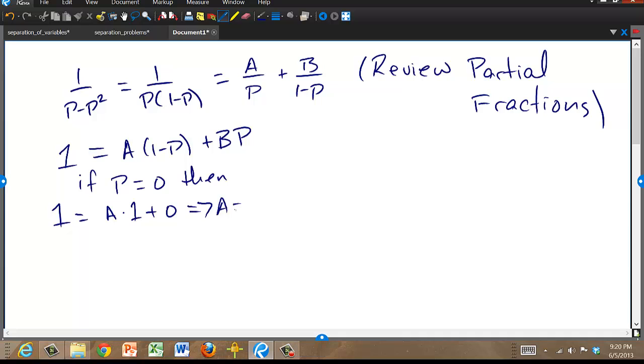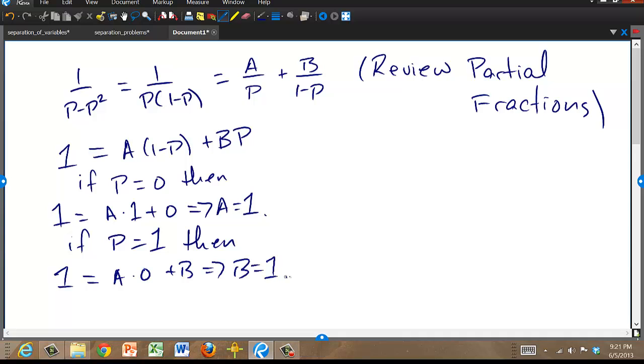So that means that a has to be 1. And if p equals 1, then what do you get? You get 1 is equal to a times 0 plus b, so that means that b is equal to 1 also. Okay, so now you know that 1 over p minus p squared is actually equal to 1 over p plus 1 over 1 minus p. And the good thing is that these are easy to integrate.